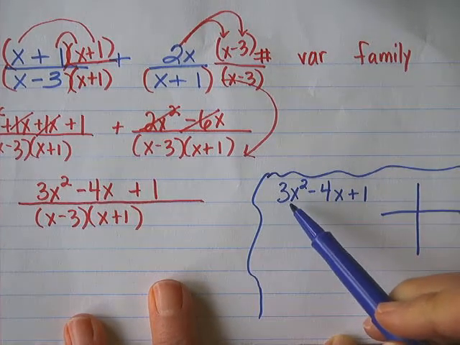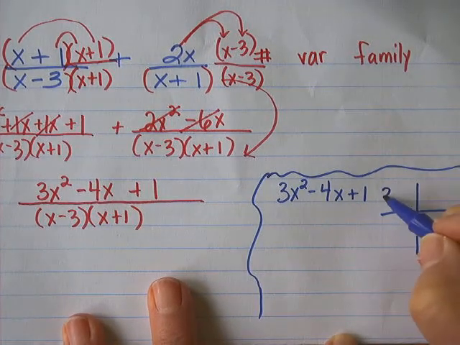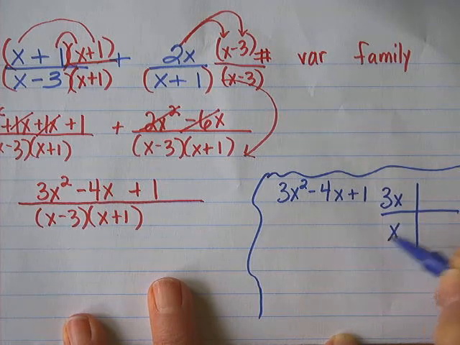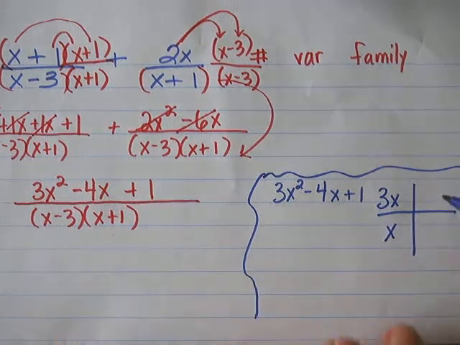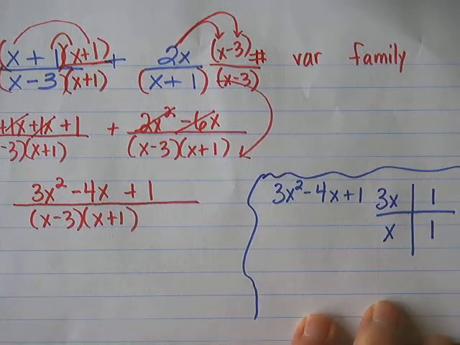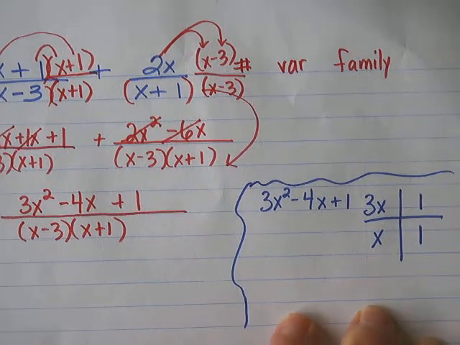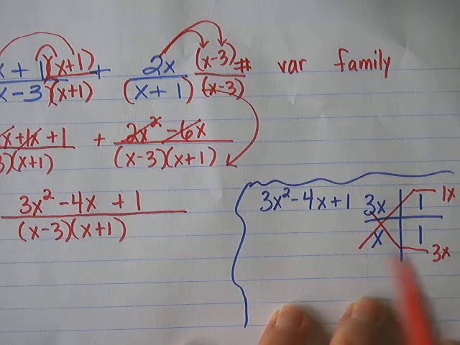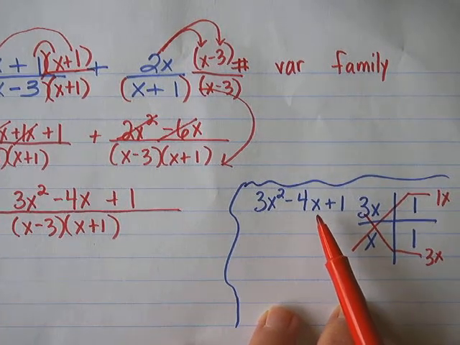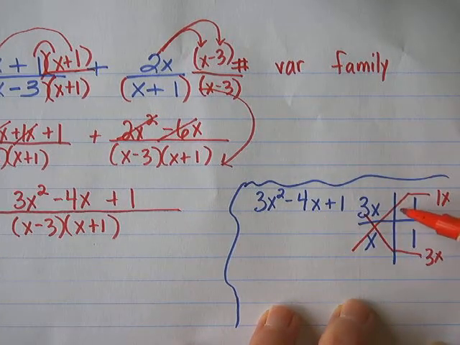What times what gives me 3x squared? Well, 3x and x. What times what gives me 1? 1 times 1 gives me 1. Now let me check. Inside, 3x. Outside, 1x. Can I get to a negative 4? I can, if this is a negative and if this is a negative.